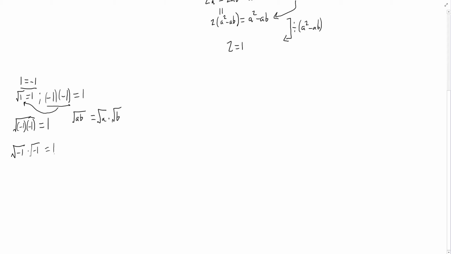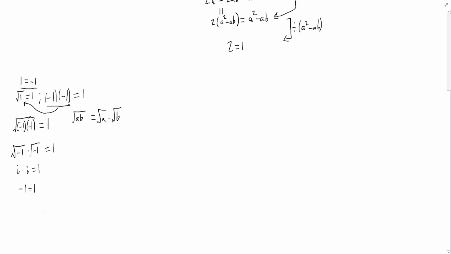And that's equal to 1. But if you think back to my video on all the kinds of numbers, I defined i to be the square root of -1. So we get i times i is equal to 1. And i times i is -1.